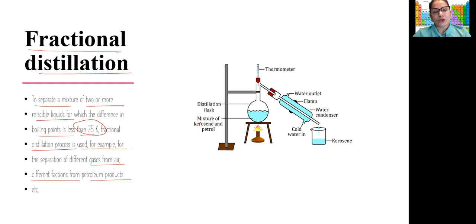So here if we take a mixture of kerosene and petrol, the difference in boiling point is less than 25 K. So what happens here when this is heated, there is a fractionating column they go through, and then you have the water condenser, then first kerosene will come out and then petrol. Okay, petrol will remain here. So there is very little difference in the boiling points of the components of these mixtures.